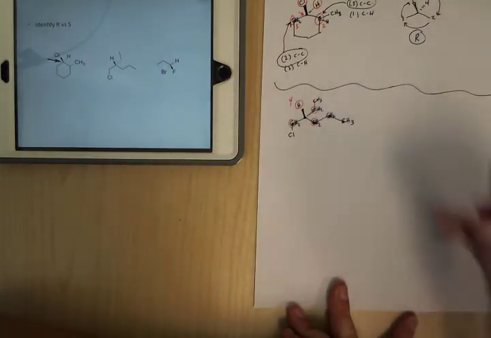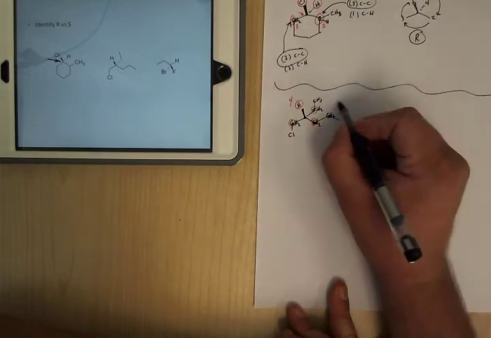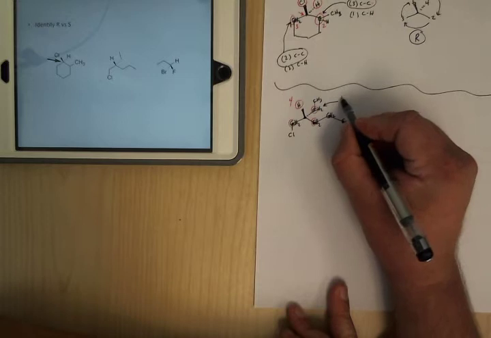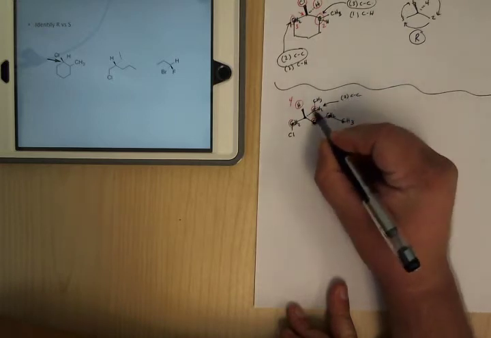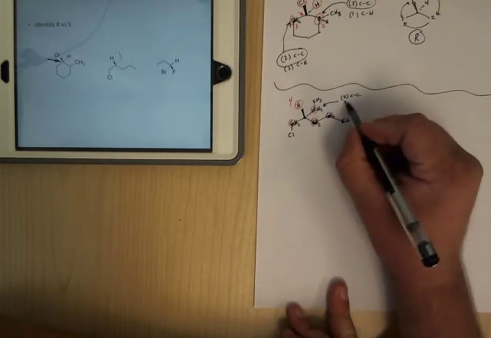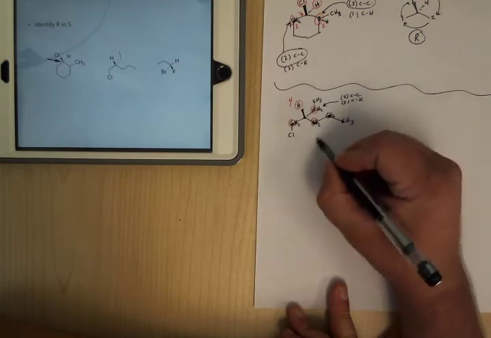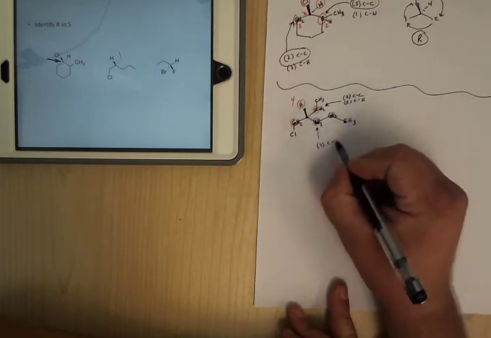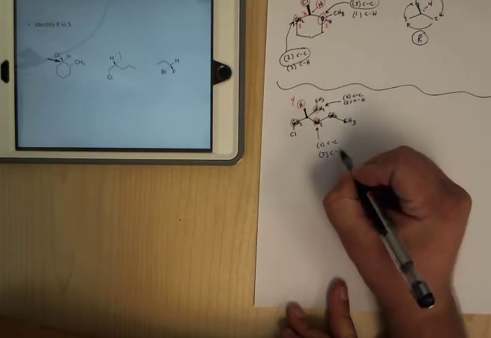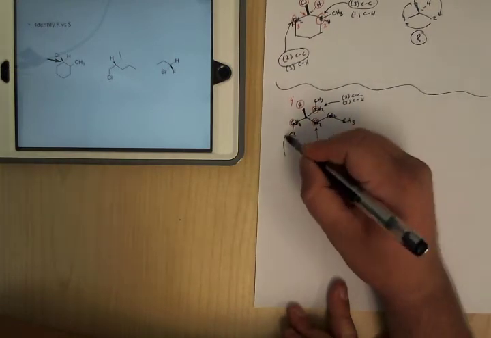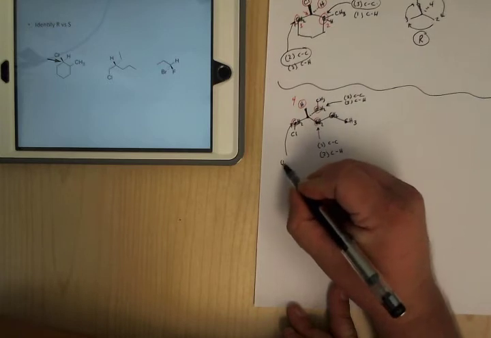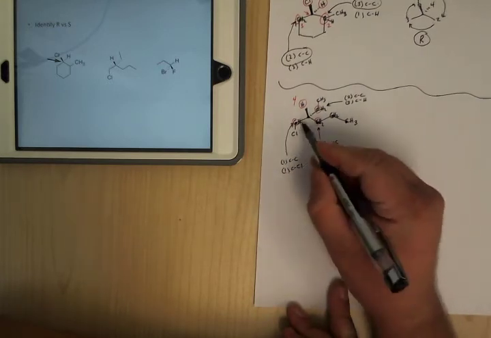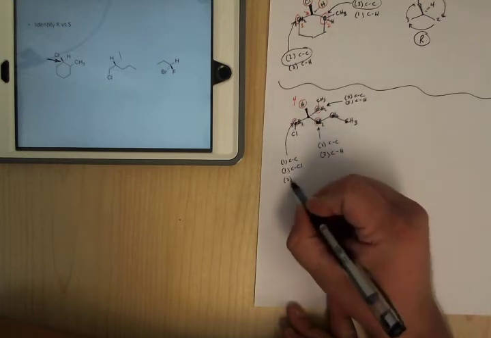Okay, so what do we do here? We compare the heaviest things hanging off of there. This carbon here has 2 carbon-carbon bonds and 2 carbon-hydrogens. Same goes with this one, 2 carbon-carbon and 2 carbon-hydrogen. But this one here has 1 carbon-carbon bond, but it also has 1 carbon-chlorine bond, and 2 carbon-hydrogens.